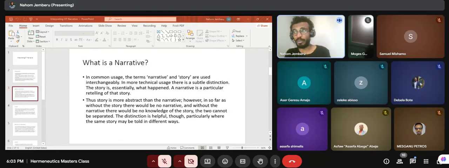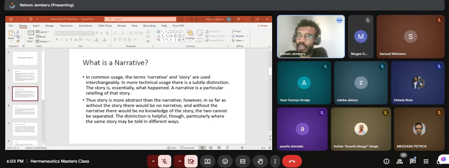You have to keep this in mind when it comes to the Bible as well. For example, if you are interested in Christian apologetics, and if you read apologetics-oriented books, you might notice a tendency of conflating story or history and narrative.